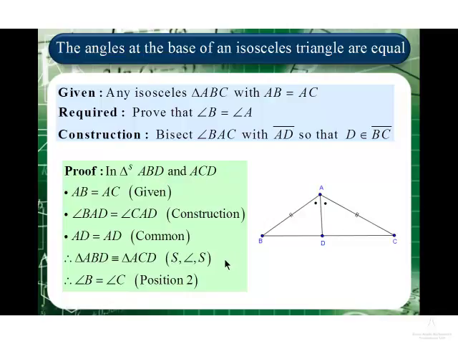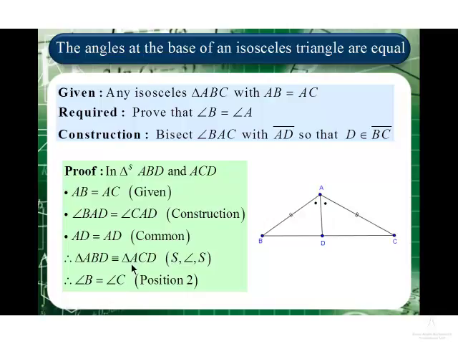We note then that two pairs of sides are correspondingly equal, as well as the angle between those two sides for each triangle. So the reason is side, angle, side correspondingly equal for the two triangles, and we can immediately say that these two triangles ABD and ACD are indeed congruent.